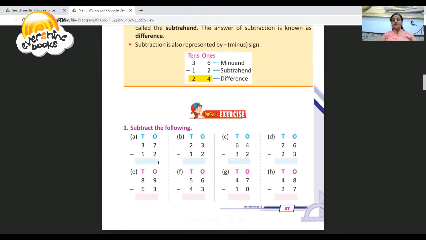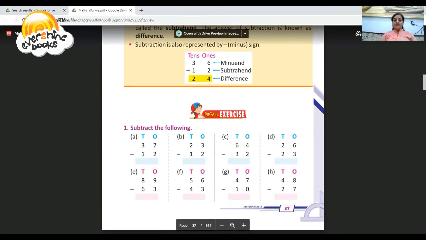That is 7 minus 2 is 5. How do we do it? We less it. Just keep it in mind that if we have 7 pencils or 7 toffees, sweets, and 2 is given to the younger sister or younger brother, how many pencils or sweets do we have left now?